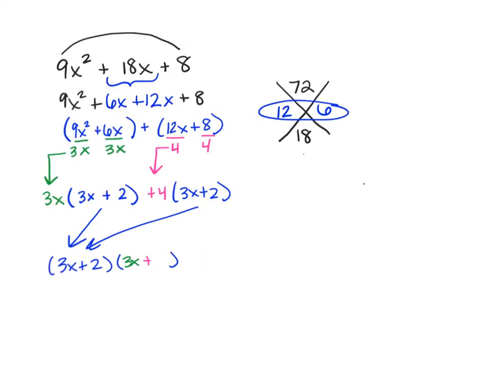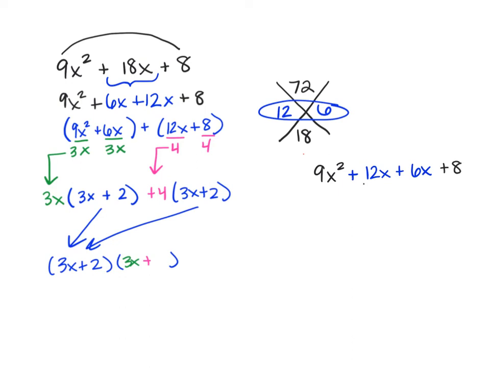Okay, real quick, I just want to show you what happens if you write those factors in a different order. So if we have the same trinomial, 9x squared, and then change the 18x to the 6x plus 12x, but instead of 6x plus 12x, I'm going to put the 12x first instead of the 6x, and then put the 8.